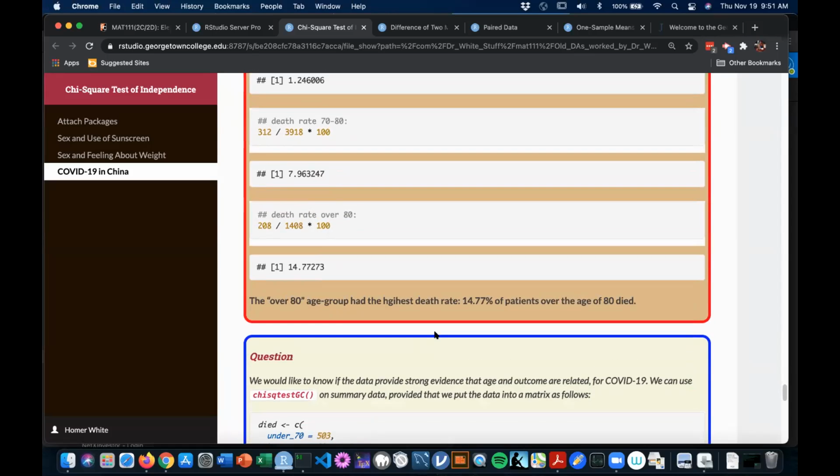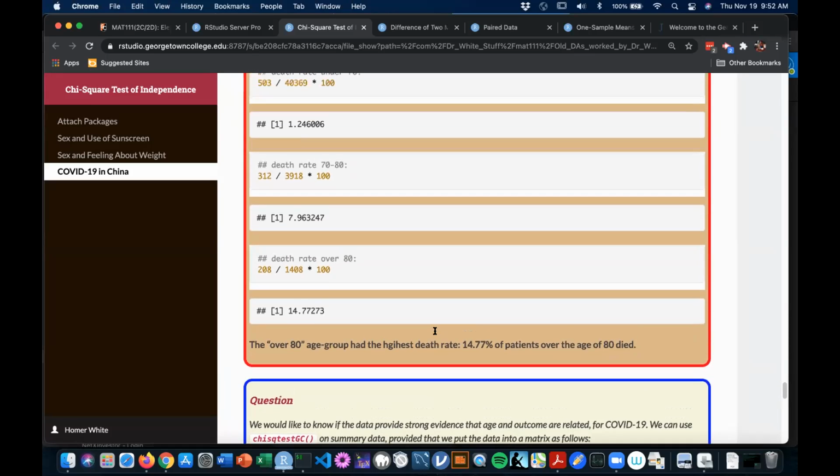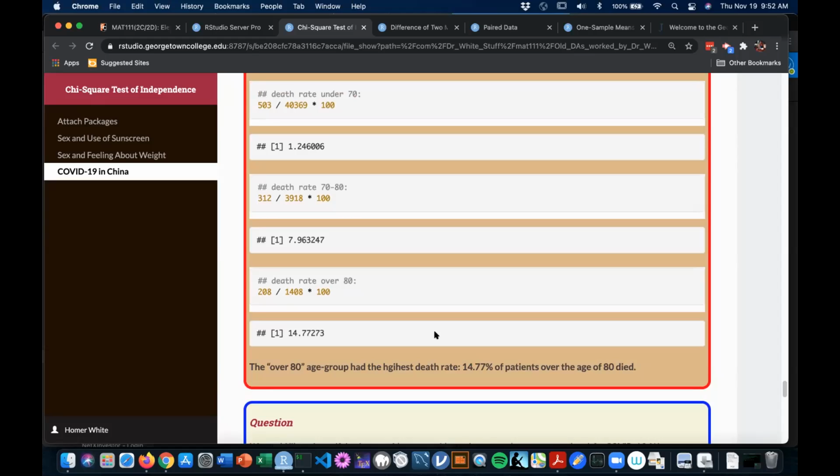And again, I stress this data is correct data, but it's data from way back towards the beginning of the year 2020 in China. The doctors hadn't confronted COVID before, and they hadn't come up with a lot of the treatments that they now have.